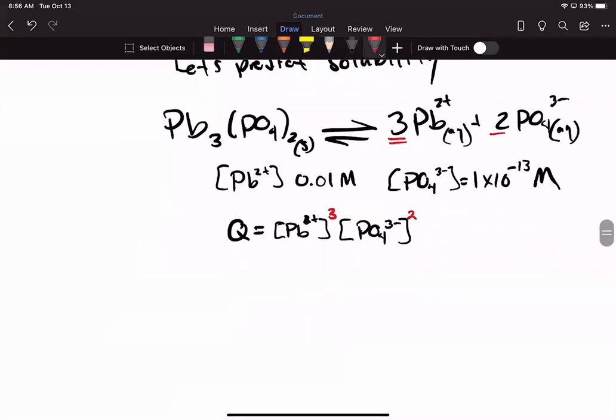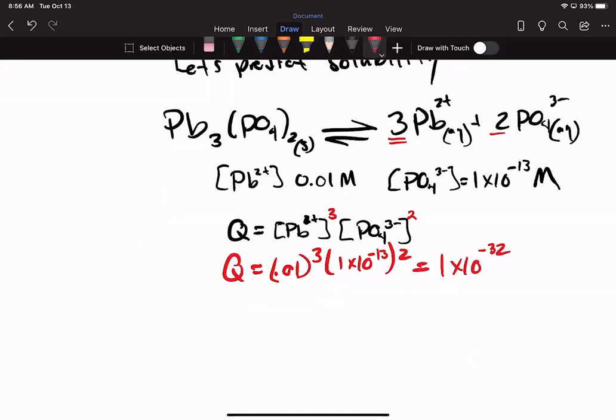And now we can go ahead and put these values. So our value of Q is equal to 0.01 to the third times 1 times 10 to the minus 13 squared. This gives us a value of 1 times 10 to the minus 32.